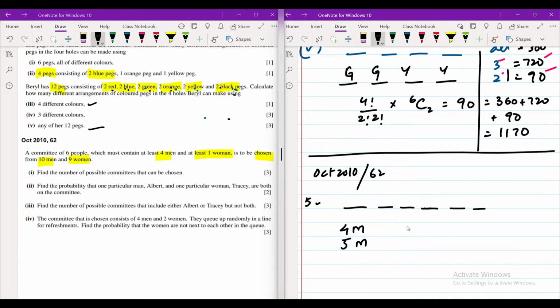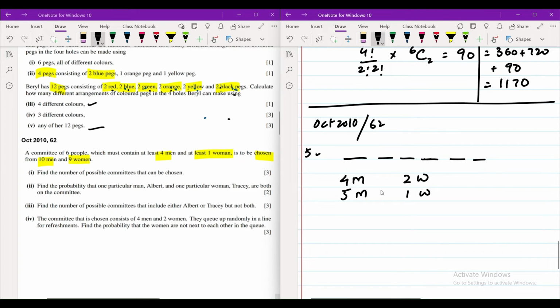So if we have 4 men, we will have 2 women, and if we have 5 men, we have 1 woman. This is the minimum criteria over here. We cannot have other cases. If we do 6 men, we will let go of the women over here.